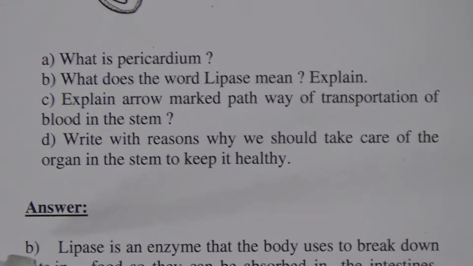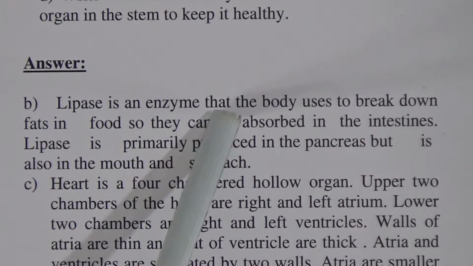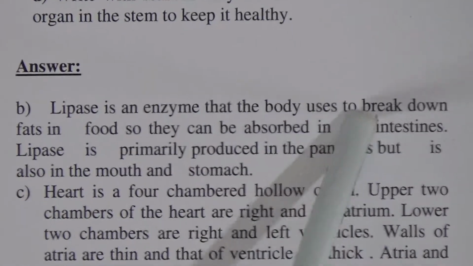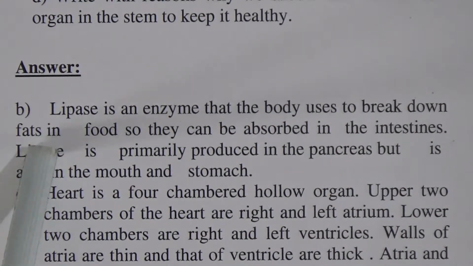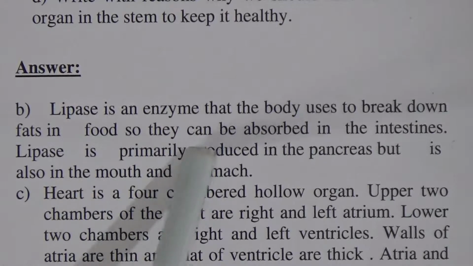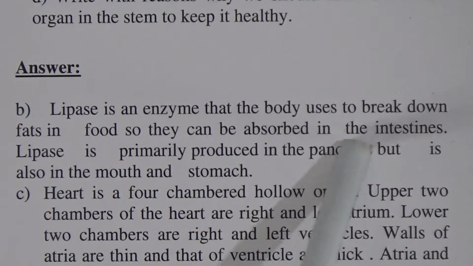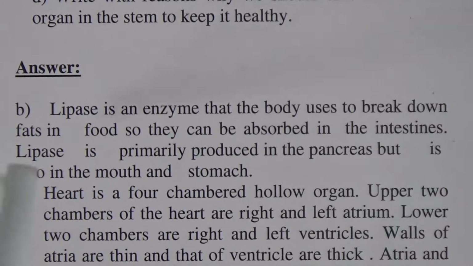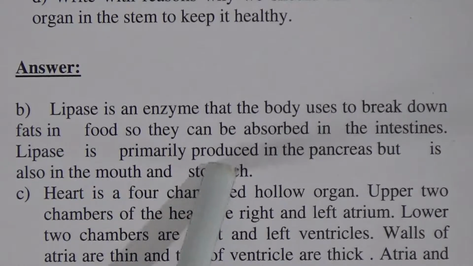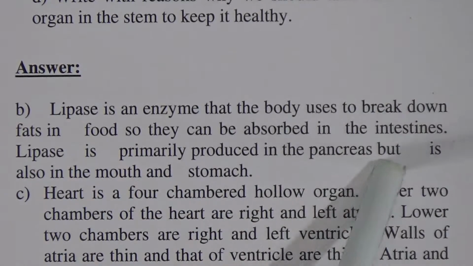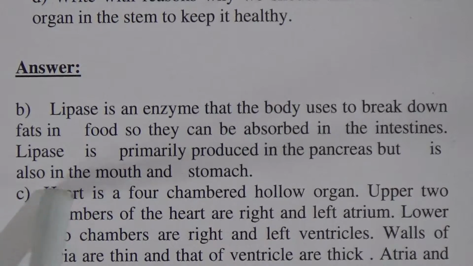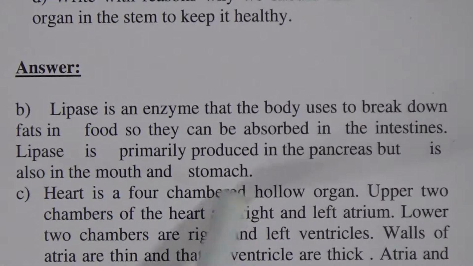Explain. The answer will be, lipase is an enzyme that the body uses to break down fats in food so they can be absorbed in the intestines. Lipase is primarily produced in the pancreas but is also found in the mouth and stomach.